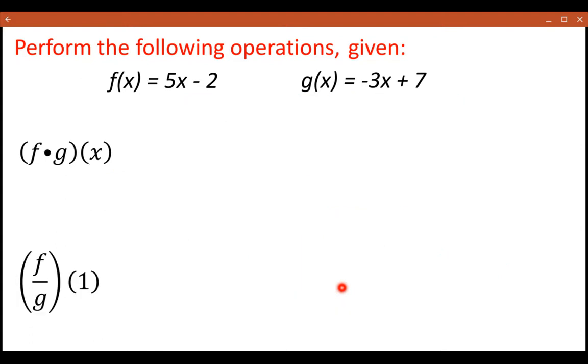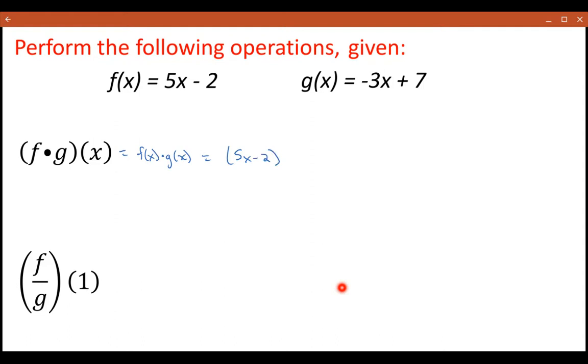So let's look at a multiplication and division one here. For multiplication, parentheses are definitely very important in this case. Remember, this is the same thing as f of x times g of x, right? So f of x in parentheses would be 5x minus 2.